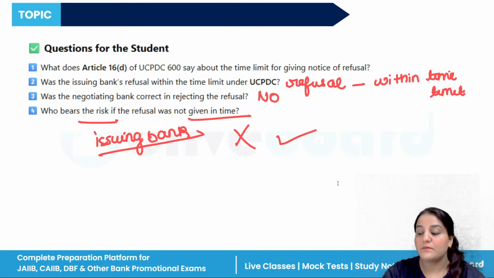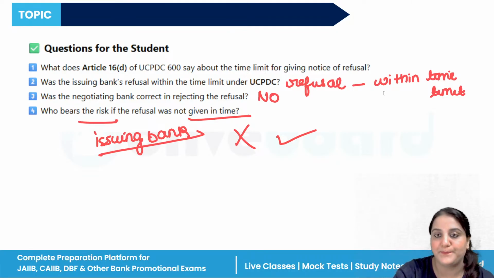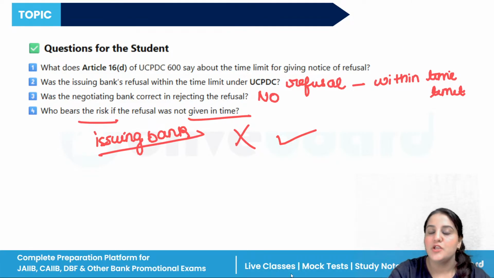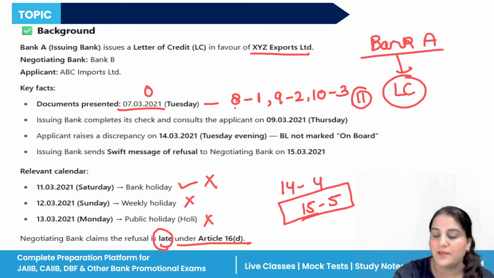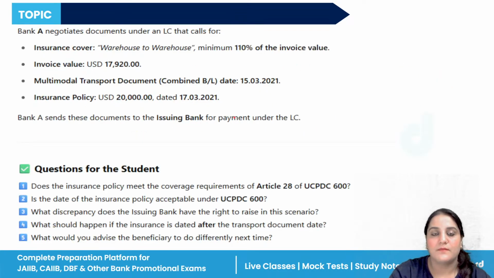Banks deal in documents, not in goods, but they have to strictly comply with the UCPDC timelines to avoid automatic acceptance of potentially discrepant documents. Got it? So this is the case study. I hope that you understand the things. Okay.